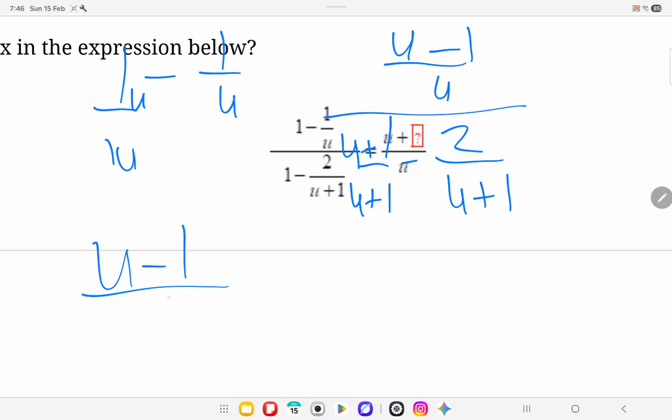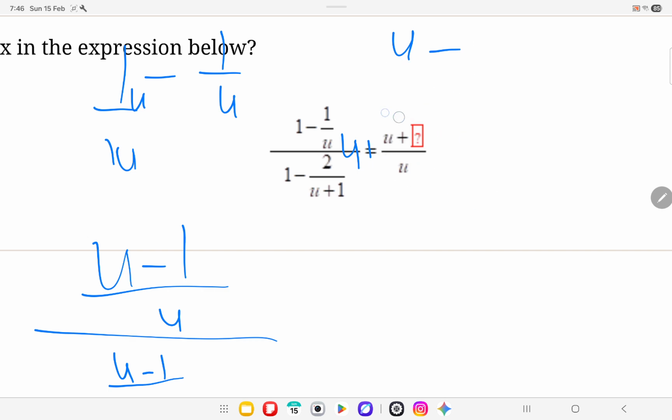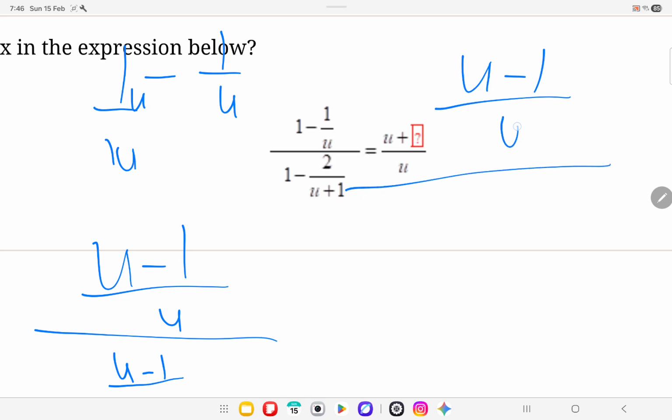U plus 1 minus 2 is u minus 1 over u plus 1. Let me write it here so we have space. It will be u minus 1 over u, all over u minus 1 over u plus 1.